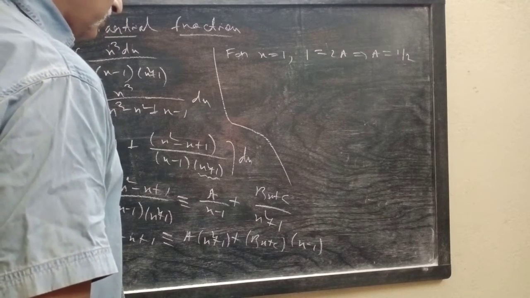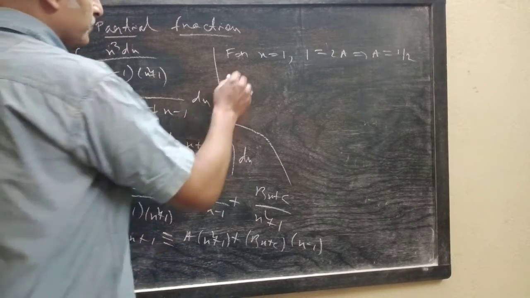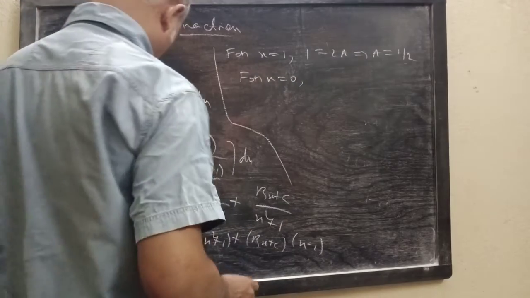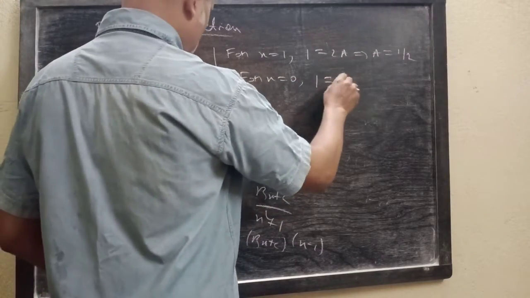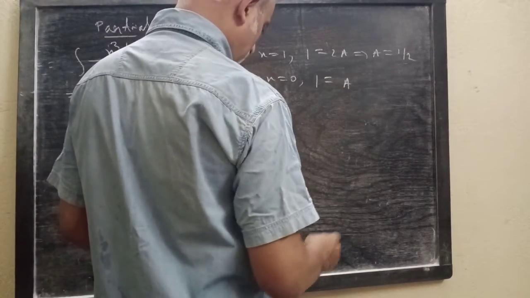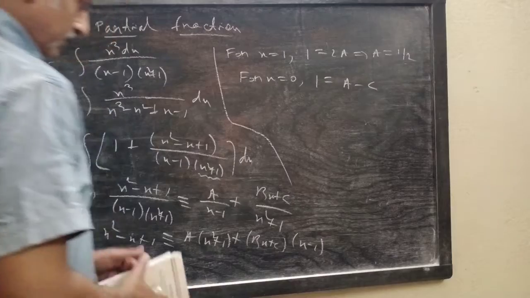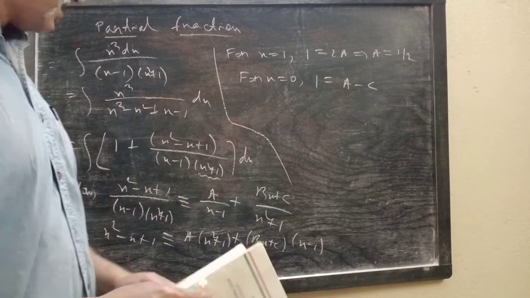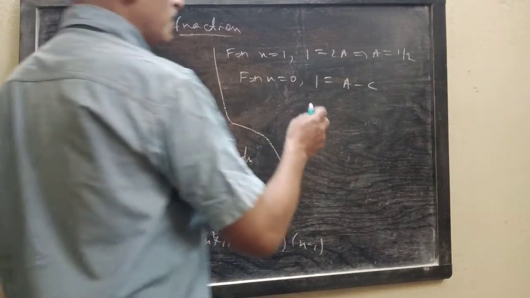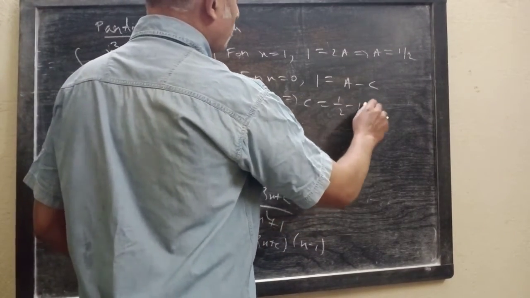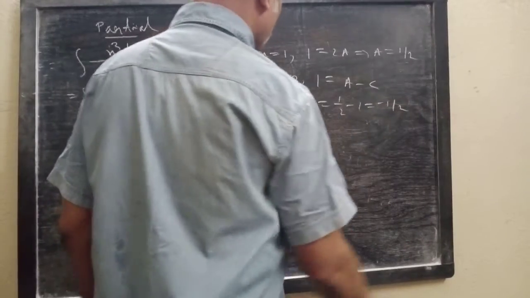Next just choose x equals to 0. We get 1 is equal to a minus c. If you choose x 0, then this vanishes. C into minus 1, that is minus c. We already got the value of a, so c will be half minus 1, that is minus half.